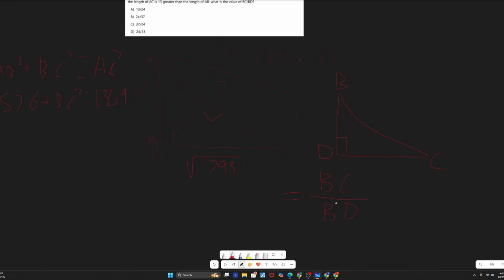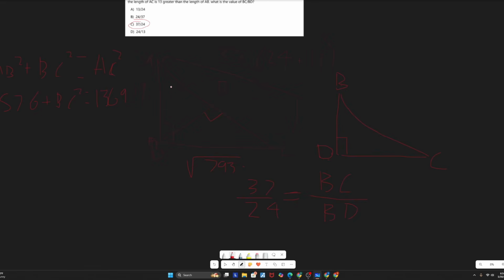So since BC is similar to ABC's hypotenuse of AC, we can put 37 up top, and we can put a 24 at the bottom because ABC's height of AB is similar to BDC's height of BD. So that gives us the ratio as 37 over 24, our final answer.